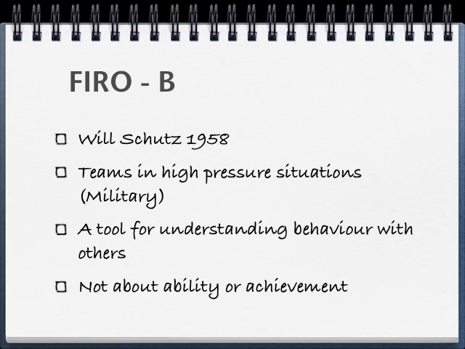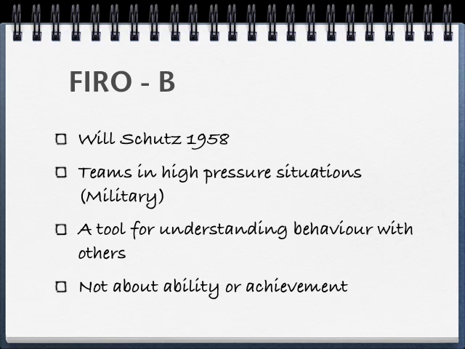FIRO-B dates back to 1958, when Will Schutz was working with the US military. In particular, he was looking at teams in situations such as submarine crews, teams that had to work in very intense situations. It was there that he studied what the difference was between those relationships that seemed to get on really well together and those that didn't.